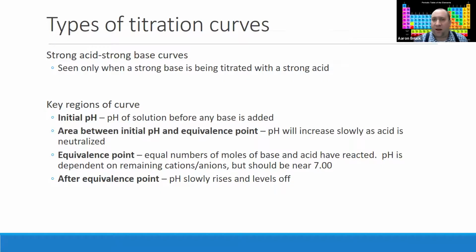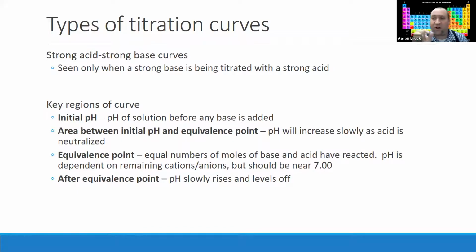What's notable about them is because they are strong acids, their initial pH is low. And because of that strong character, you saw this in the pH and acid dilution last week. It takes a good bit of dilution to get that pH to go toward neutral.